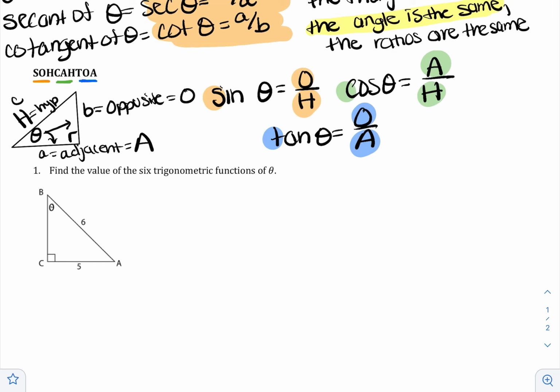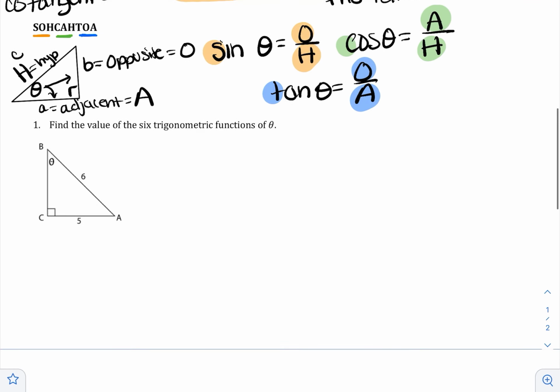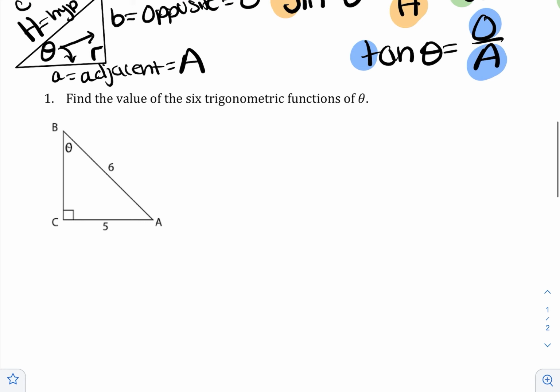So depending on where your angle is, it could change the opposite and the adjacent. So we're going to do one example. So in this situation here, this would be considered the opposite. And this is going to be considered the hypotenuse. If the angle was here, hypothetically, the A would be the adjacent. Okay, so it is important where the angle is placed.